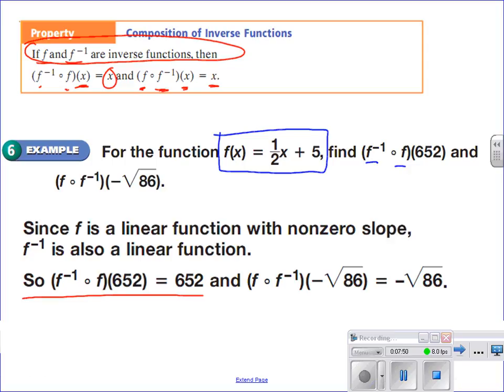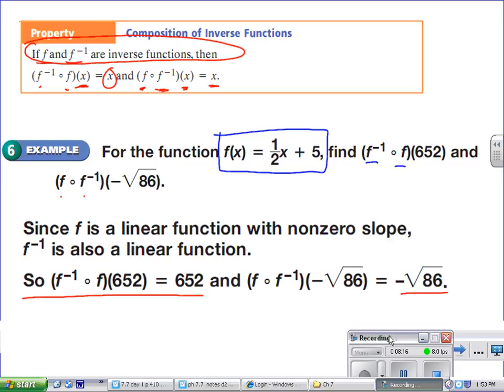And going the other direction, the original composed with the inverse, negative square root of 86, whatever, it's the same number. It doesn't matter what it looks like. It's going to equal the same number. So whatever you're plugging into the function is what the function turns out to be. That's the bottom line on that, and that's everything for inverses.